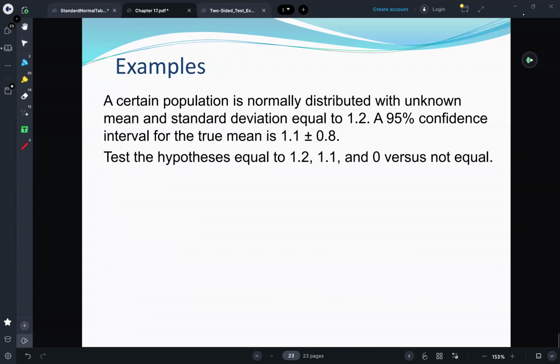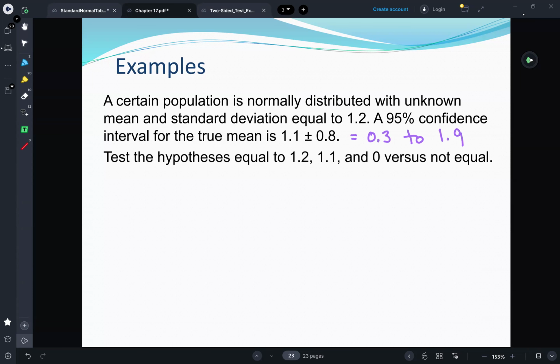So let's say we have a certain population. This is the last slide. We have a certain population normally distributed with unknown mean and standard deviation equal to 1.2. So a 95% confidence interval for the true mean is 1.1 plus or minus 0.8. So 1.1 subtract 0.8 is going to be 0.3, and the maximum would be 1.9.